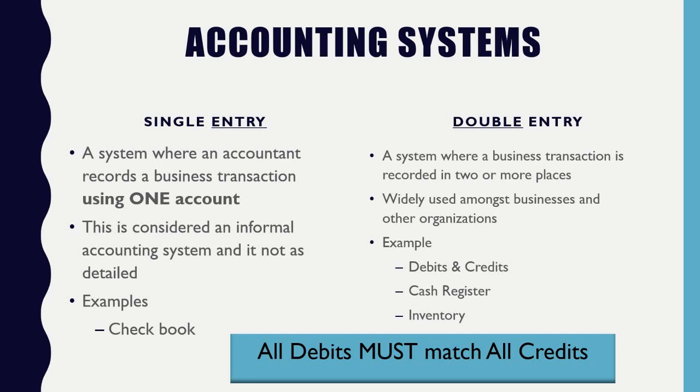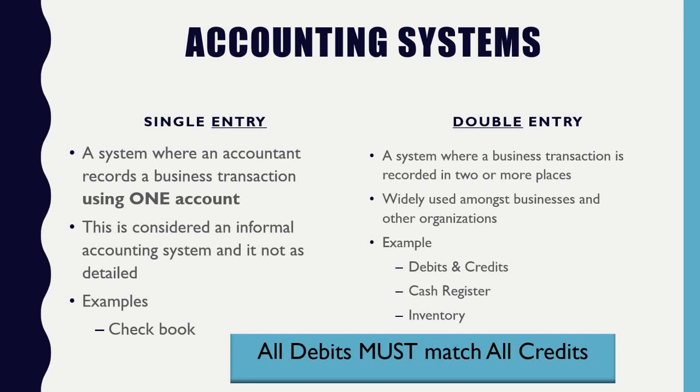You're only saying that I wrote a check out to buy something. What does that tell me? Does that update my checking account, or does that tell me that I'm updating my expense? In this case, I'm only recording that I spent the money. That's only one place I'm entering in, and that's my checking account. We call this the single entry.